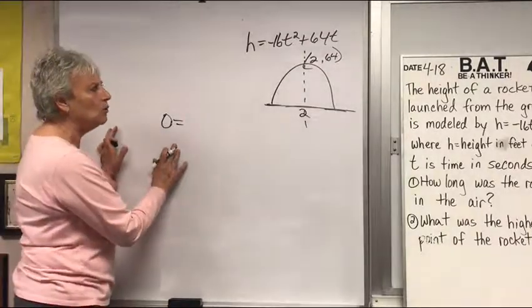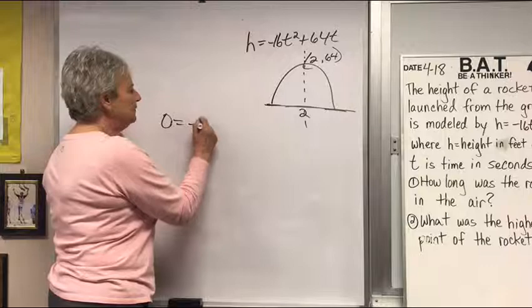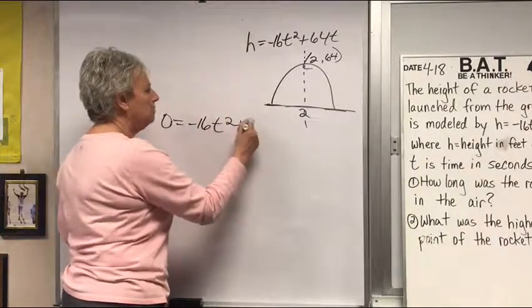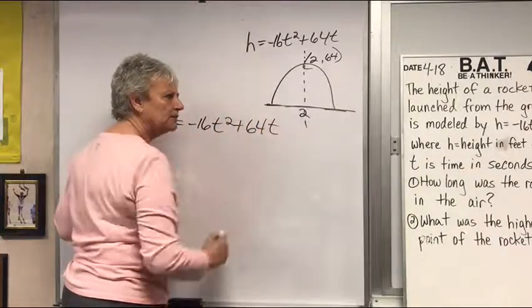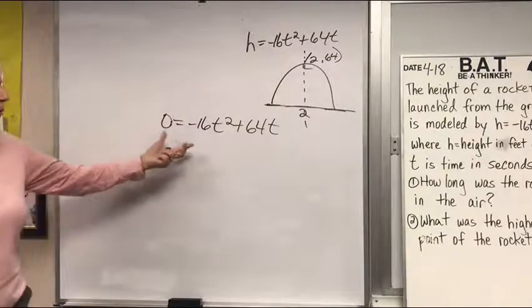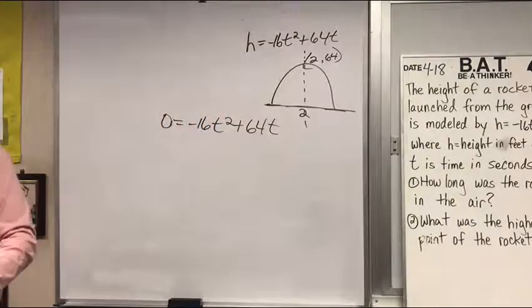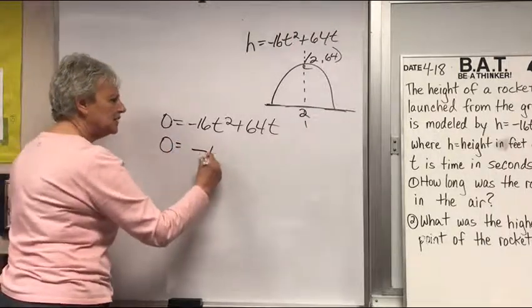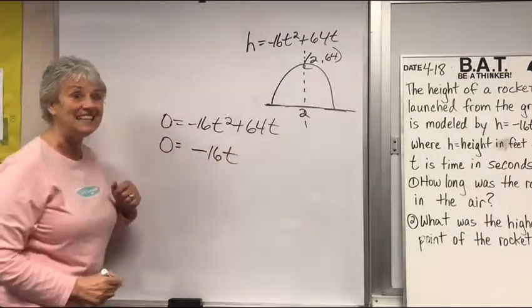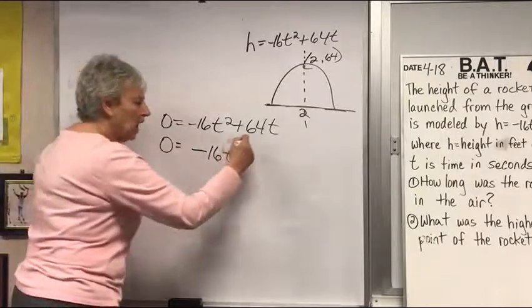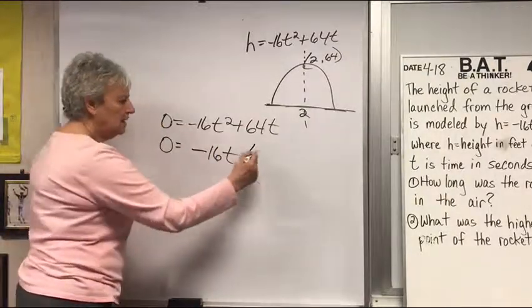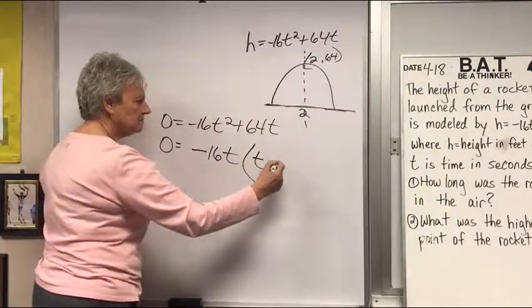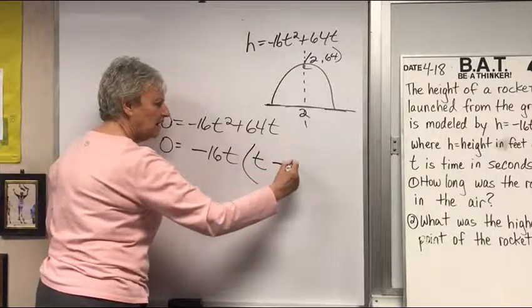Okay, 0 equals negative 16 t squared plus 64t. Now, we're going to pull out the greatest common factor. The greatest common factor is negative 16t times t minus 4.